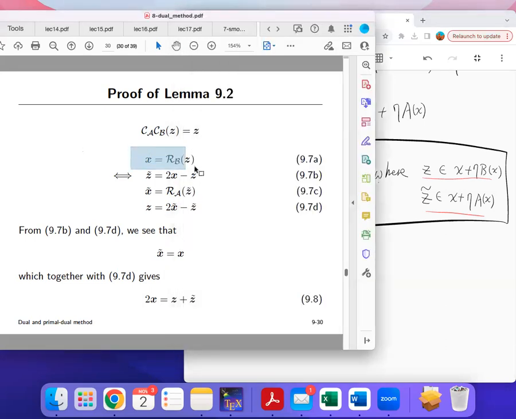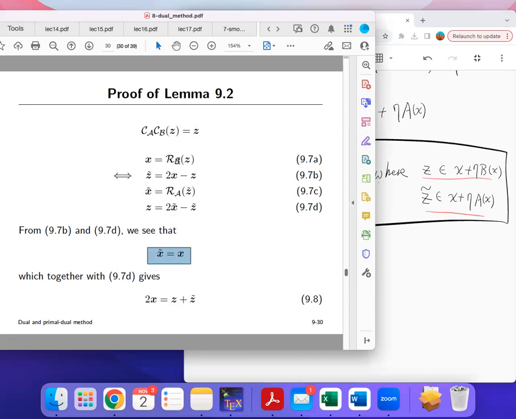So we have these two equations. And actually here x equals x tilde.